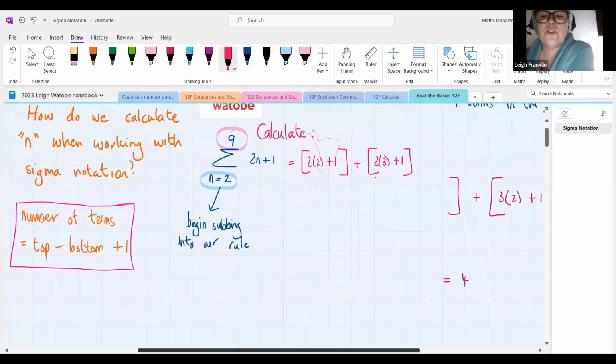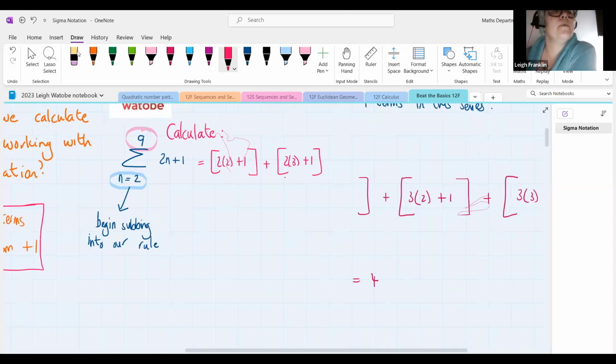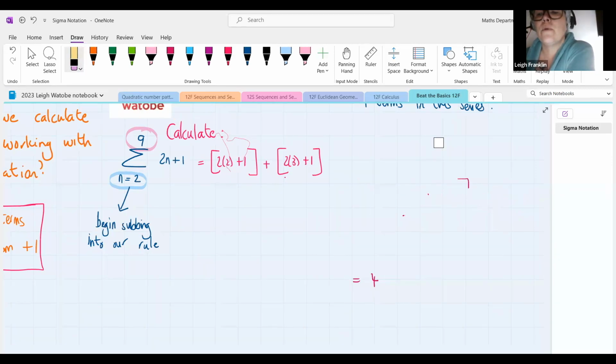I'm just going to scooch over a little bit here. Sorry, this is just where we were writing earlier. Let's say the third term of the pattern: 2 times 4 plus 1, and so on.